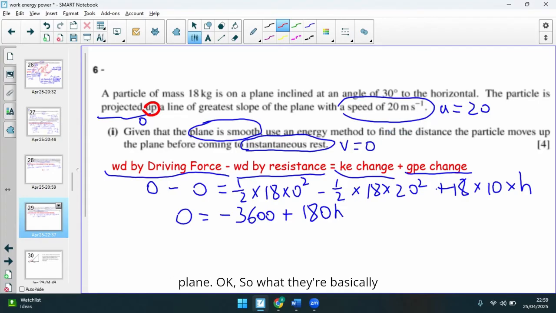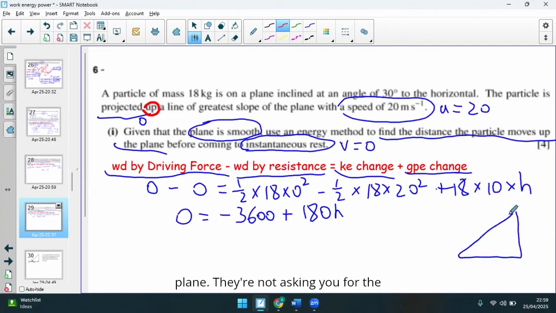So what they're basically asking you is, what is this distance here? Because this is the distance up the plane. They're not asking you for the vertical distance, right? So this was H. This is 30 degrees in the question. Now, because they're asking you for D, we need to convert H into D somehow, right?